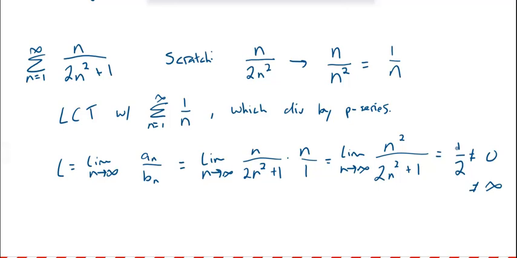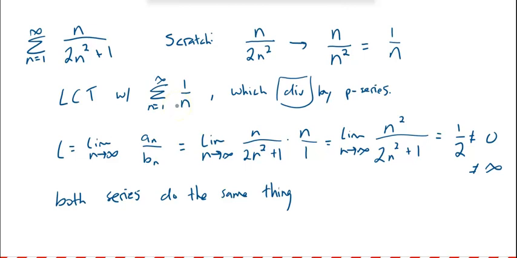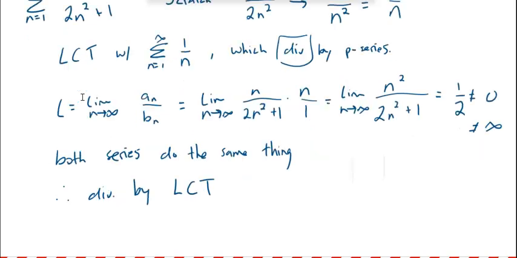So both series do the same thing, because that is what the easier series to work with does. Therefore, it diverges by LCT. And when I say diverges, I mean this original one right here. Cool. Let's do the next one.